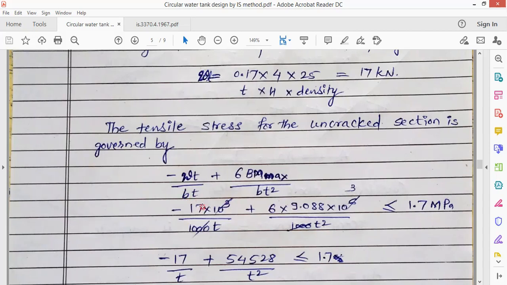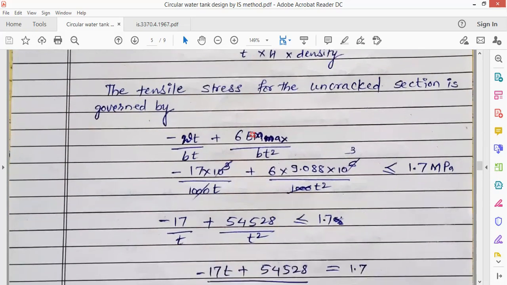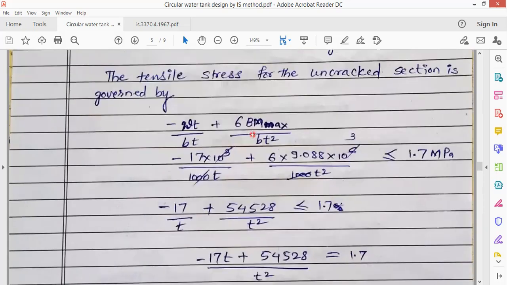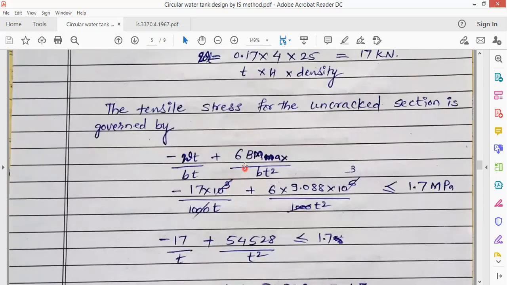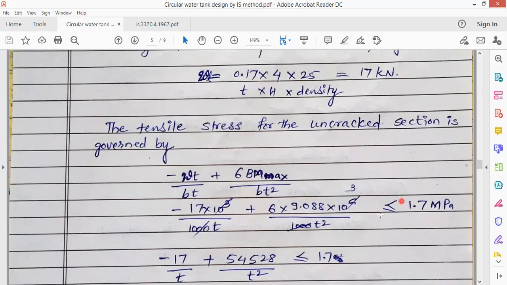T I need to calculate because I have considered initially as 170. Whether it is safe or not, we need to check. So maximum bending moment we have calculated. Substituting this here, keep T as it is, and in this case the limit is 1.7 MPa. This complete thing should be less than or equal to 1.7 MPa.